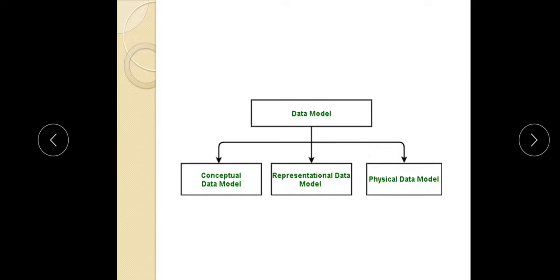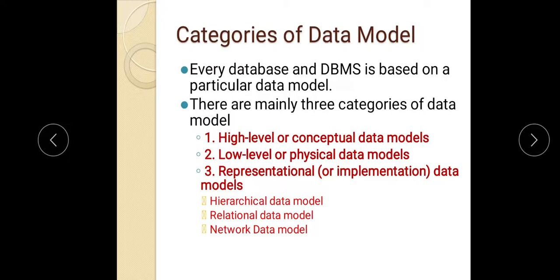The conceptual model is also called a high level model. The representational model is also called an implementation model. The third one is the physical model, also called a low level model. So these are the three categories of data model.